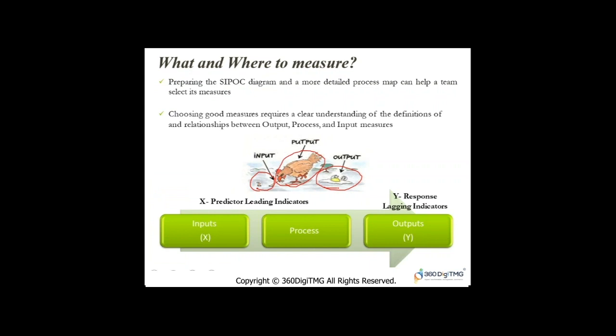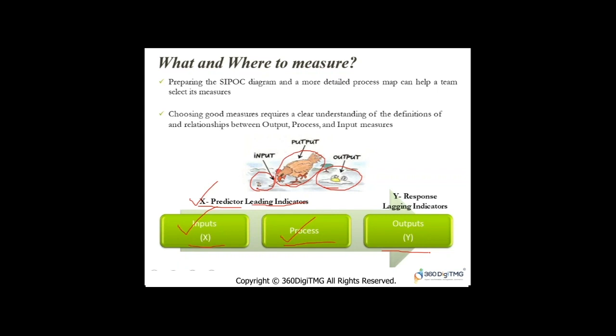Look at this: inputs and process, X. X stands for predictor or input variable. Another name for input variable is predictor. These are leading indicators because even before my output is generated, I have a chance to tweak my inputs and process and get the desired output.